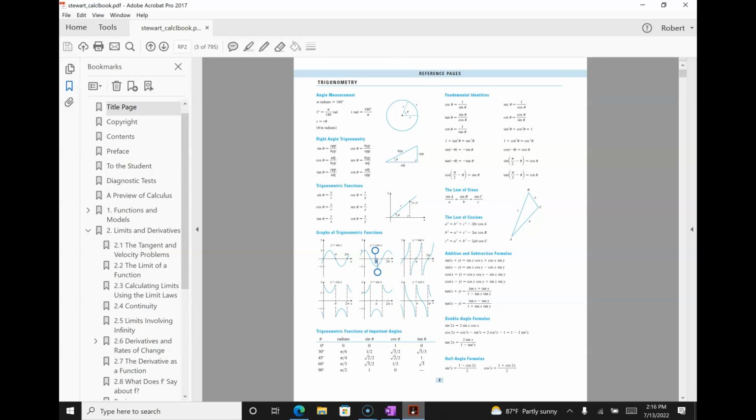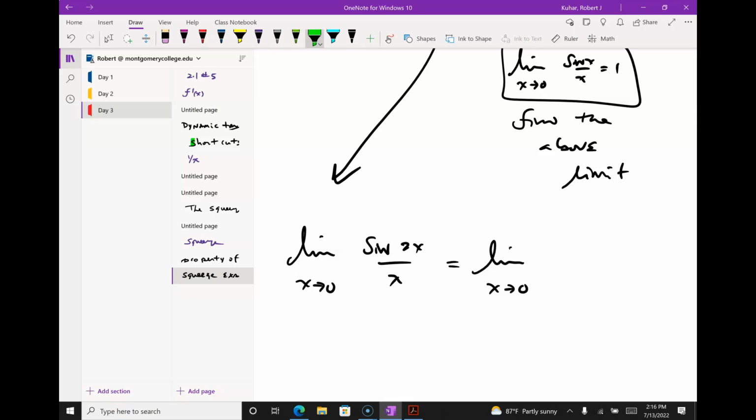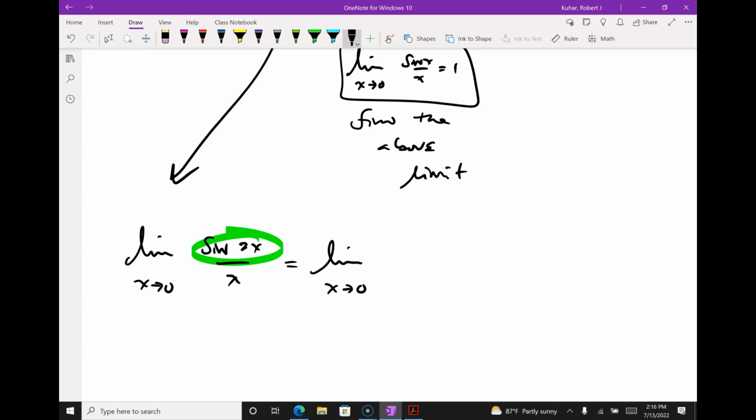Trig identity here, who's got it? What's my trig identity here? Nobody? What is it? Nope.